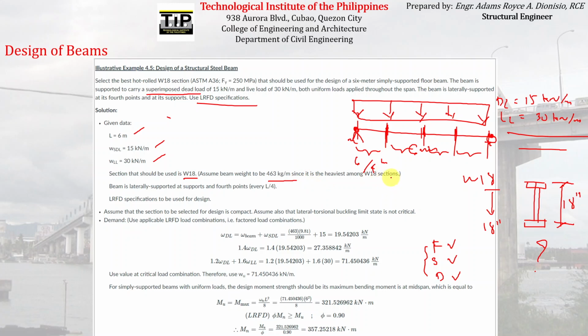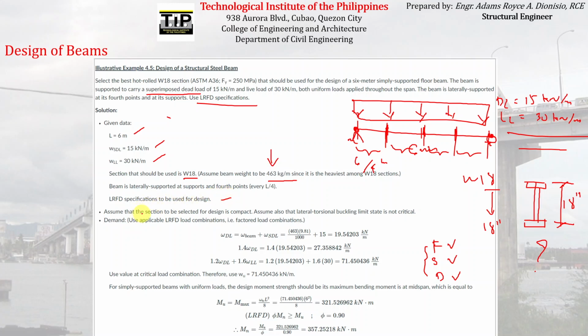So if you will try to look at the ASEP Steel Handbook, you can see there the series of W18 sections. If you look for the heaviest weight of W18, you can see that the heaviest is actually 463 kilogram per meter. So you can use that as your initial beam weight. Okay. The beam is laterally supported at 4 points, every L over 4, and LRFD specifications are being used.